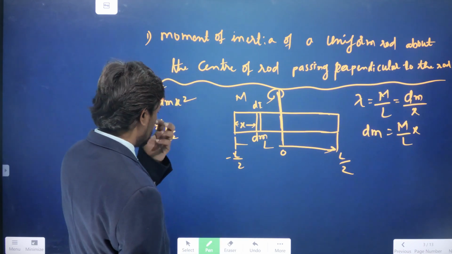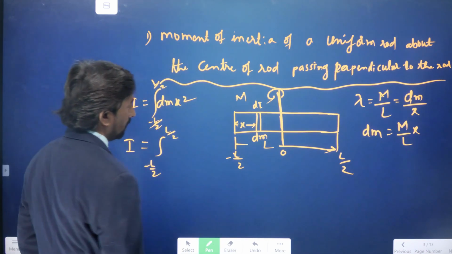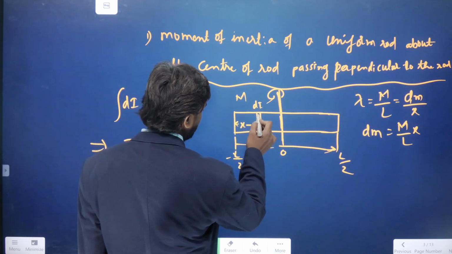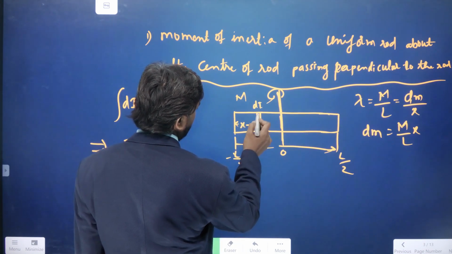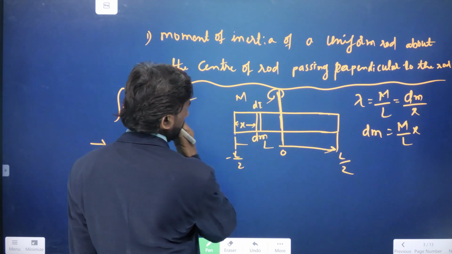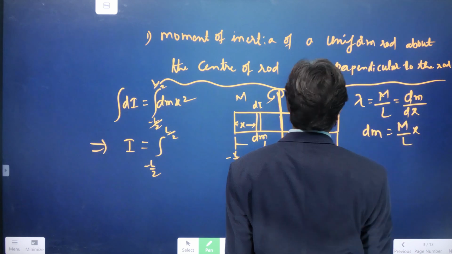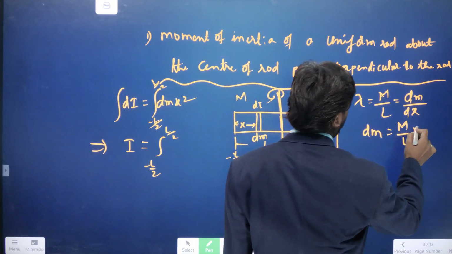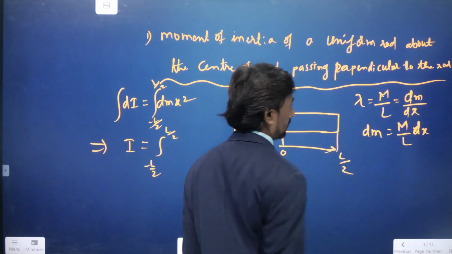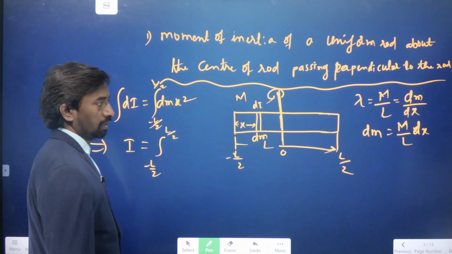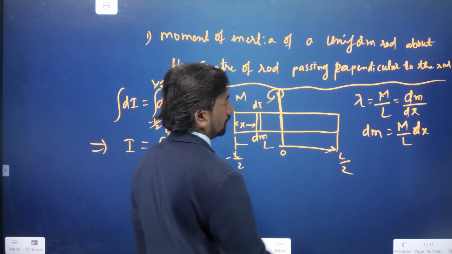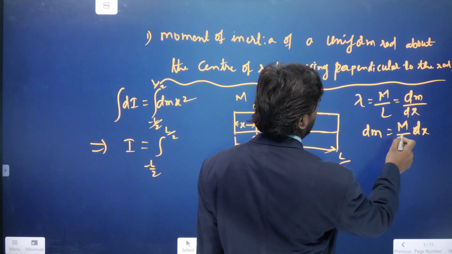So here, for this small distance, we can write dm by dx, which is M by L, so dm is M by L into dx.